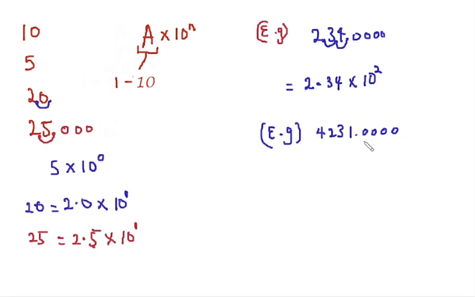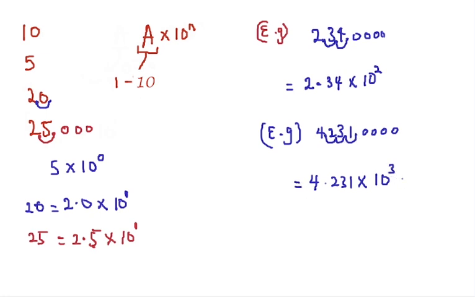The number doesn't fall within the range of 1 to 10. If we move our point one place, it still doesn't fall within the range. Another place, still doesn't. If we move it a third time, it now falls within the range of 1 to 10. So we have 4.231 times 10. Remember, the number of times that our point moved was 3 times, so 10 to the power of 3. This is the standard form of this number.